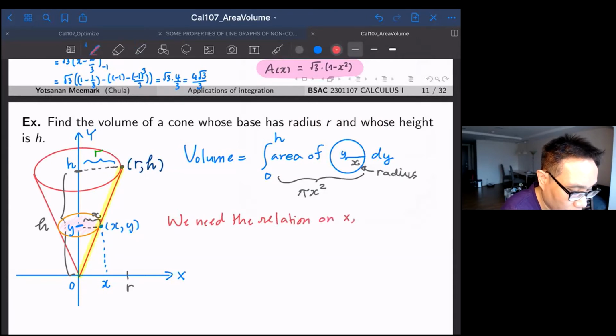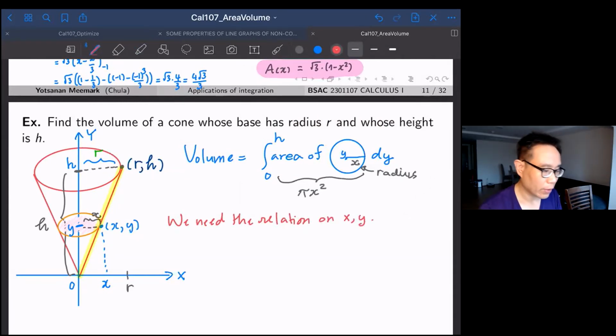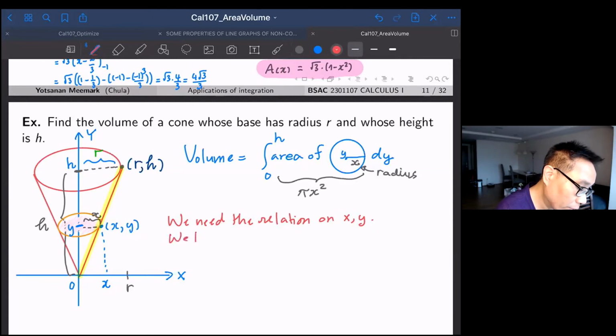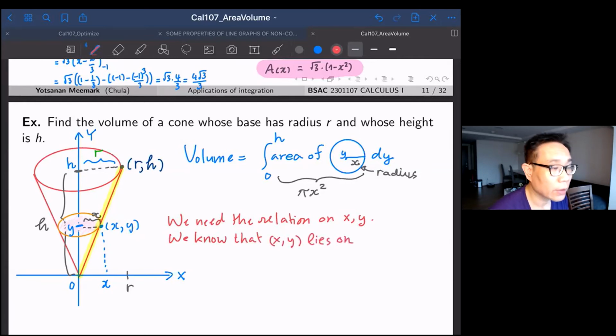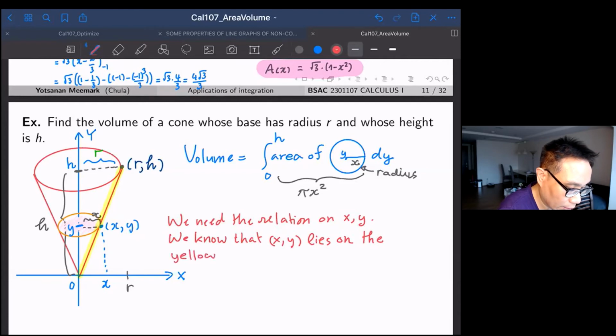We know that (x, y) lies on the straight line, the yellow line. So we will find the equation of that line.